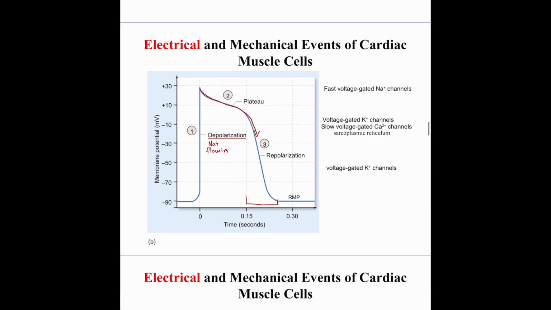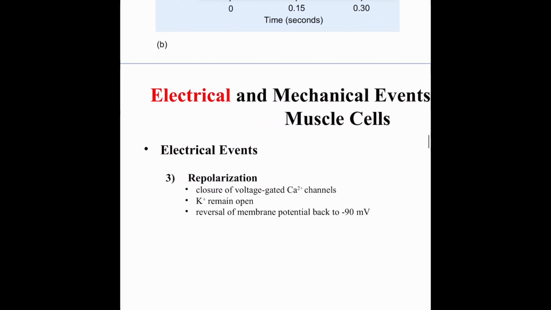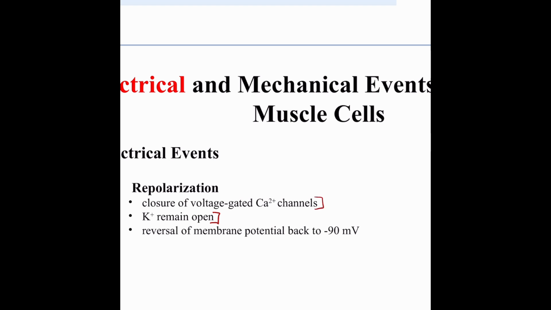But it remains for a long time in a depolarized state. The repolarization is when voltage-gated calcium channels are closed, and then potassium remains open. So in our nodal cells, if we remember, in order to repolarize, potassium needed to remain open. So calcium essentially here is prolonging the depolarization.